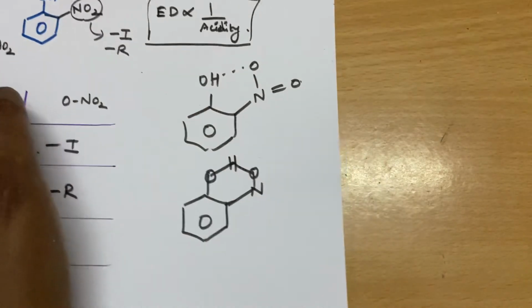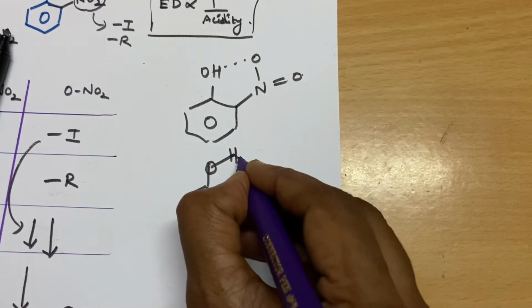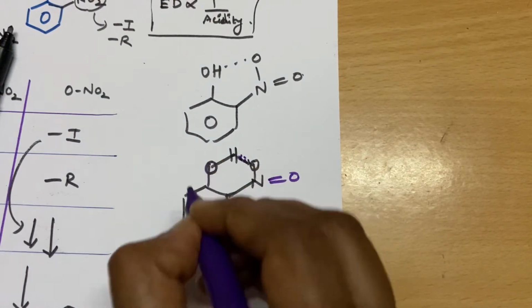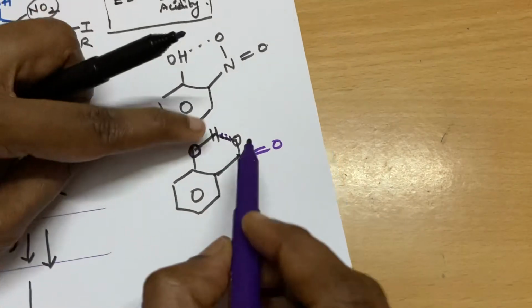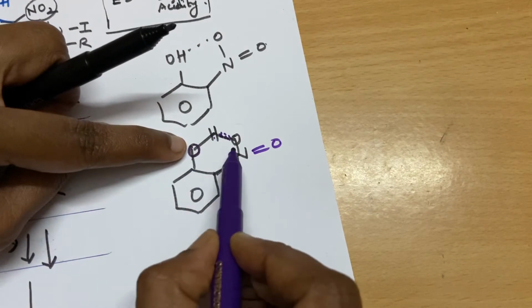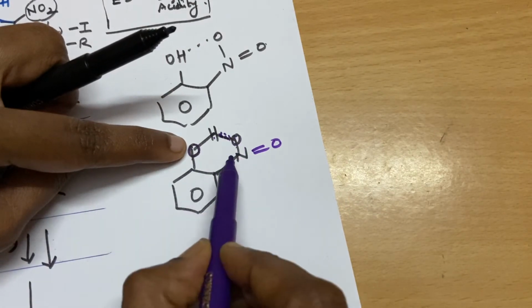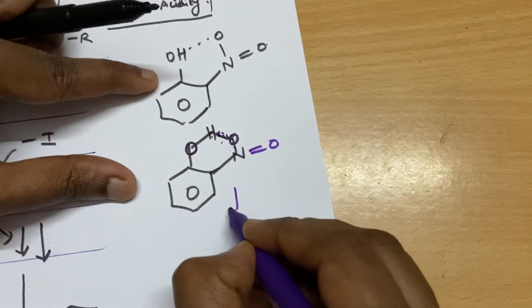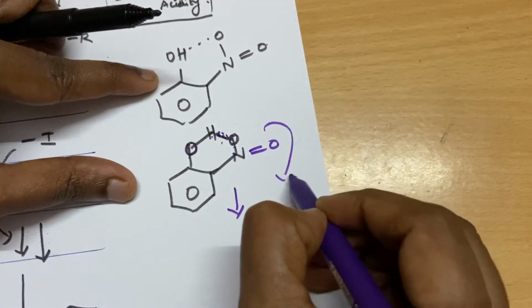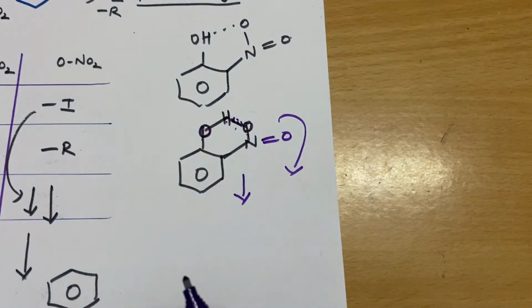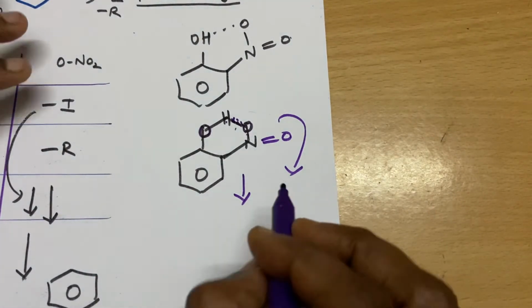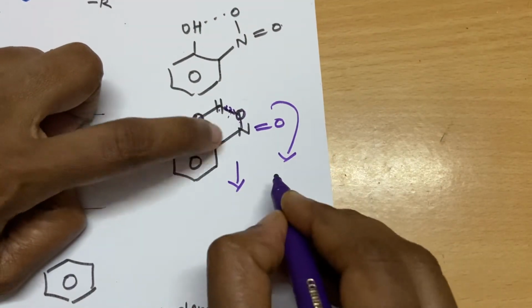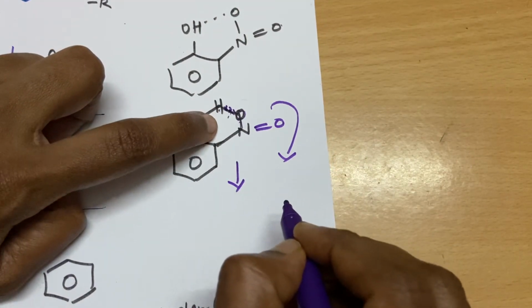This is a perfect 6-membered structure in which the hydrogen of the phenol is attached to the more electronegative oxygen of the nitro group. What is acidity? The more easily it donates a proton. But due to this hydrogen bonding, it is not donating H plus.